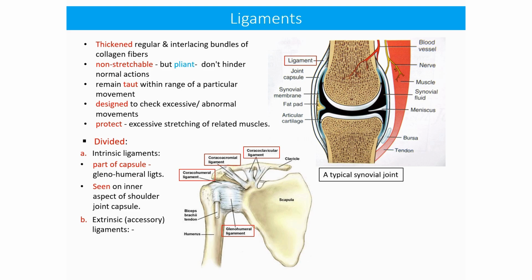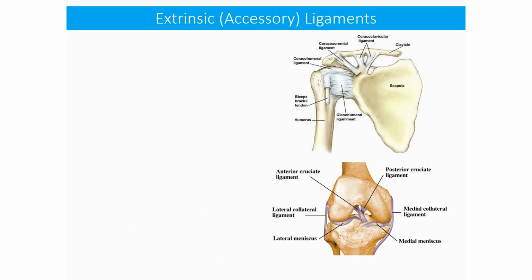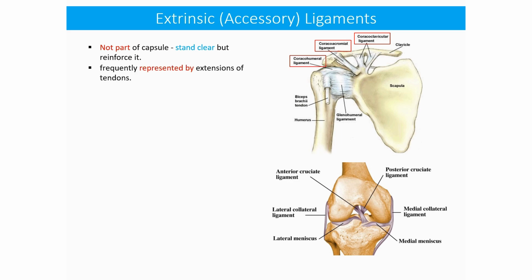The second group is the extrinsic or accessory ligaments. Extrinsic or accessory ligaments are not part of the capsule and they stand clear of the capsule but reinforce it. They are frequently represented by extensions of the related tendons. They strengthen the joint and prevent abnormal movements.